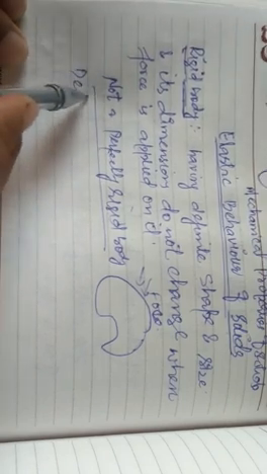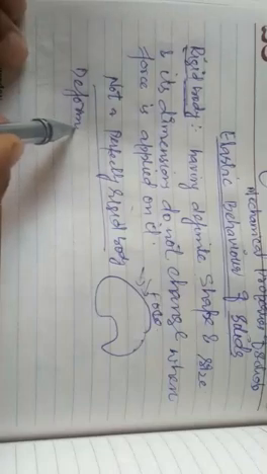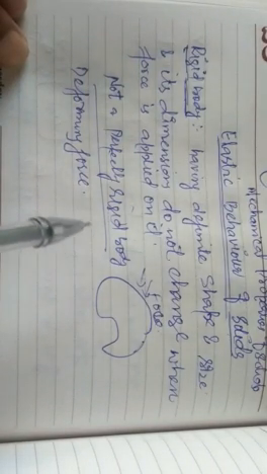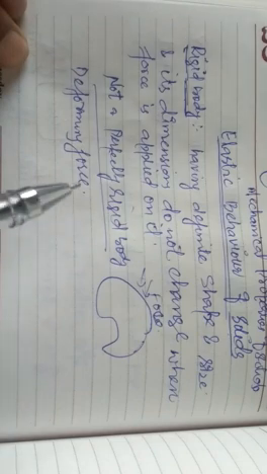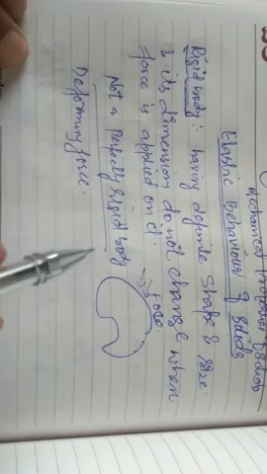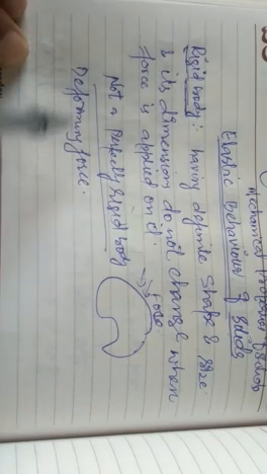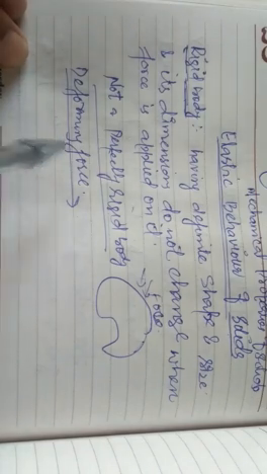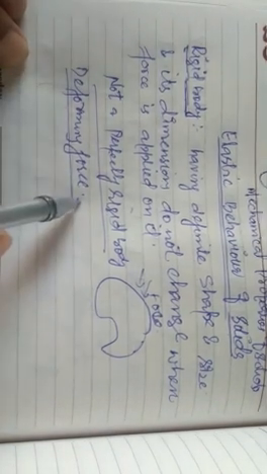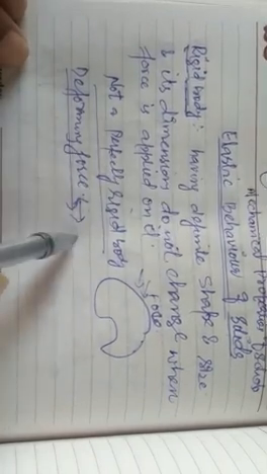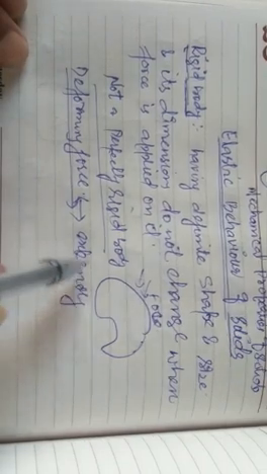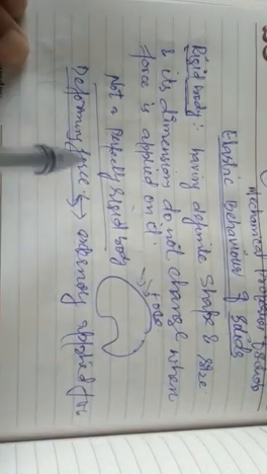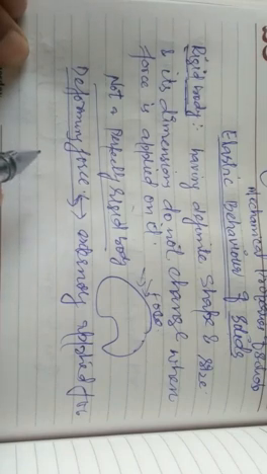Elasticity is the property of solids by virtue of which they retain their original configuration, their original shape and size, when the externally applied force, also called the deforming force, is removed.